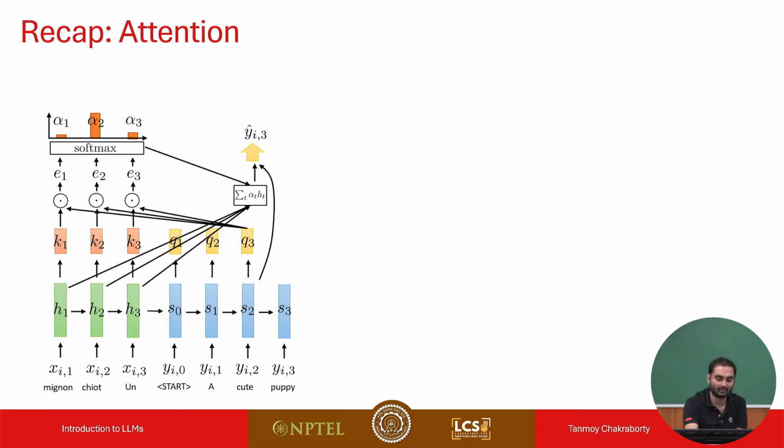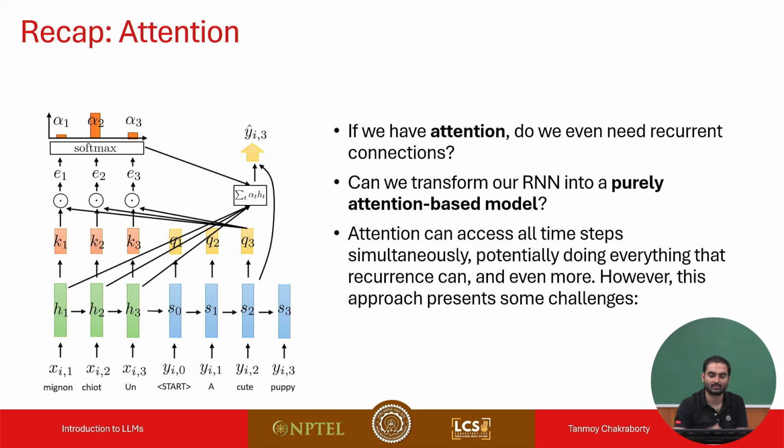And then again you take another decoder state, you take the dot product of the decoder states with all the encoder states, values, attention scores, distribution and so on and so forth, right? So this is RNN. On top of RNN you have attention. Now here is the question that we are asking. As I mentioned, this is not restricted to the encoder decoder setting.